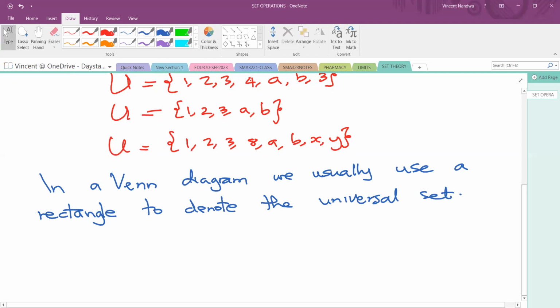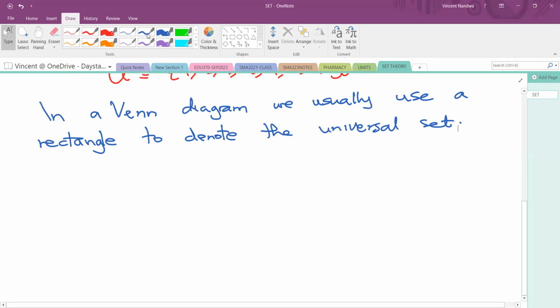So to show the universal set, we will just draw a rectangle and then label it as U.